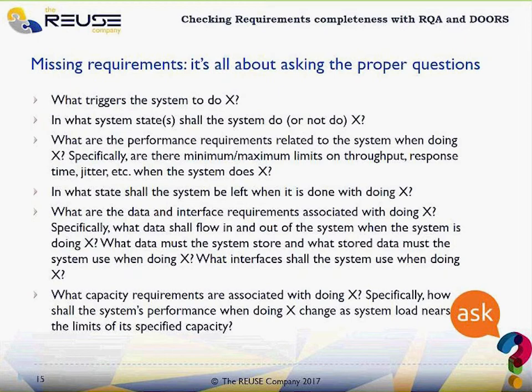And when it comes to defining questions, in this slide you can find lots of questions. What triggers our system to do whatever action? In what system states shall the system operate? What are the performance requirements related to the system? What is the state? And so on and so forth.